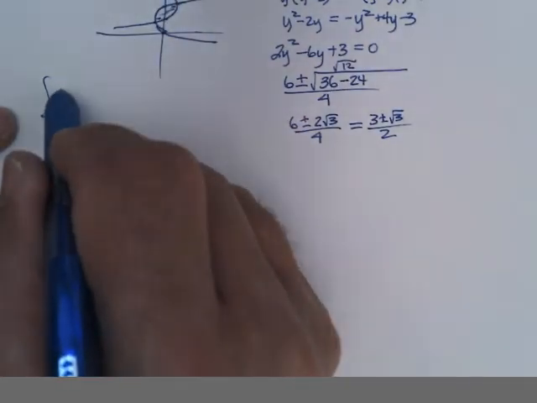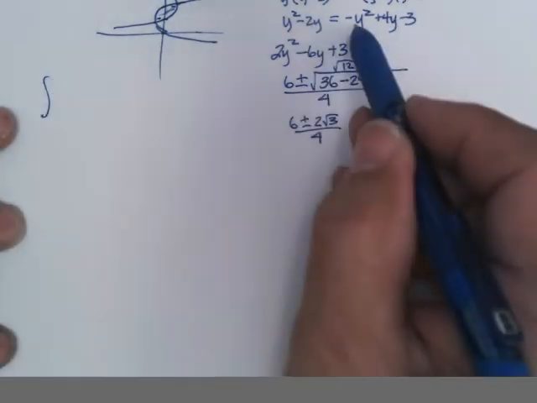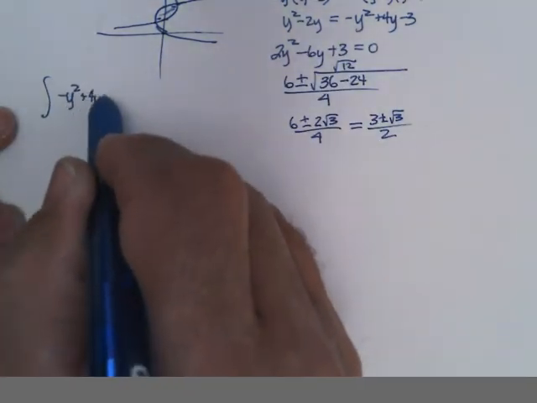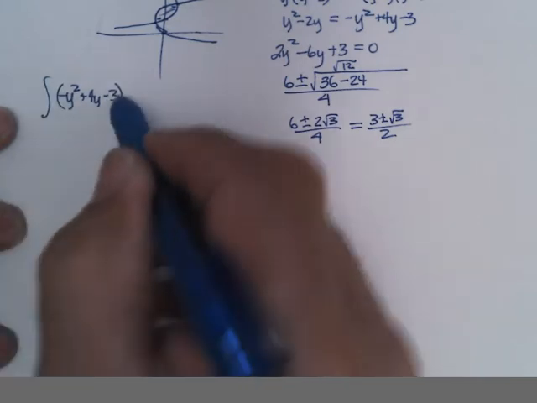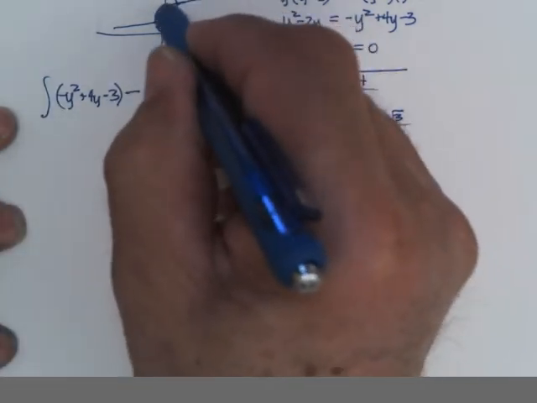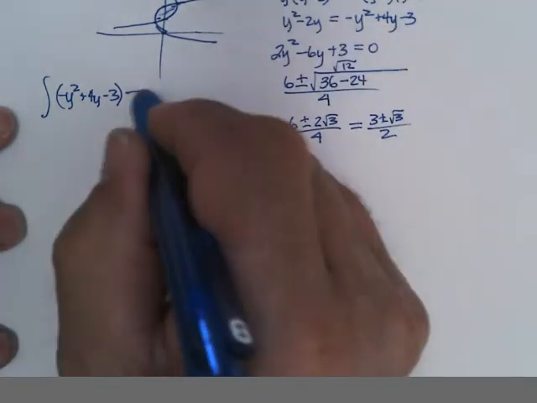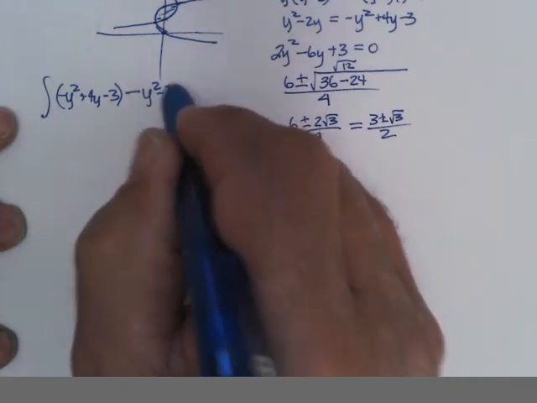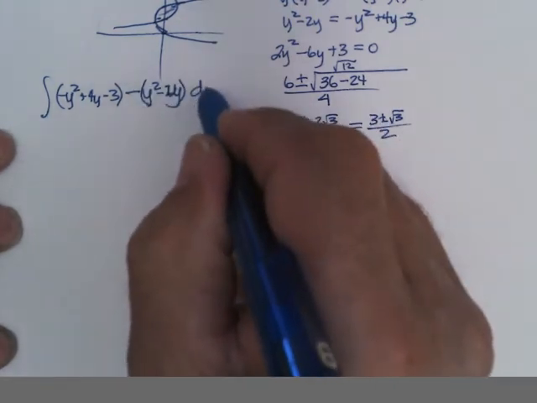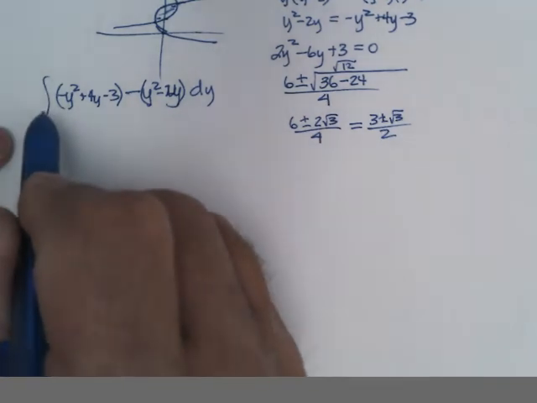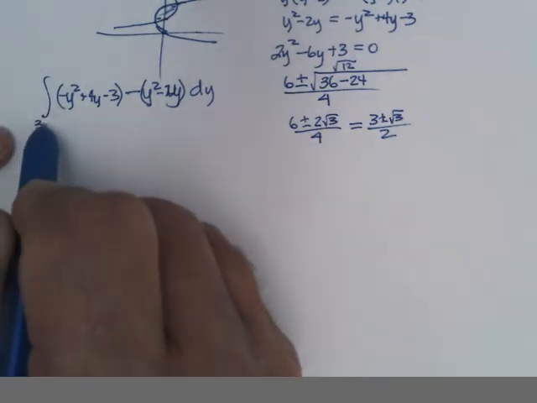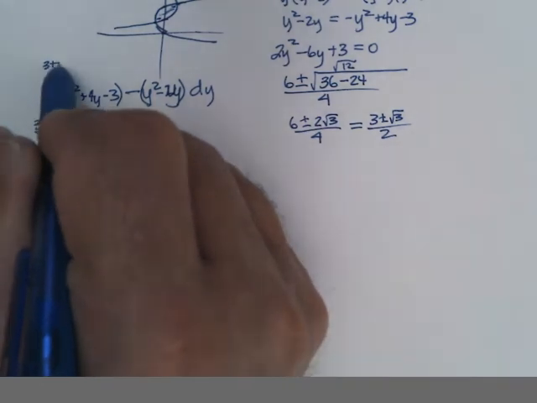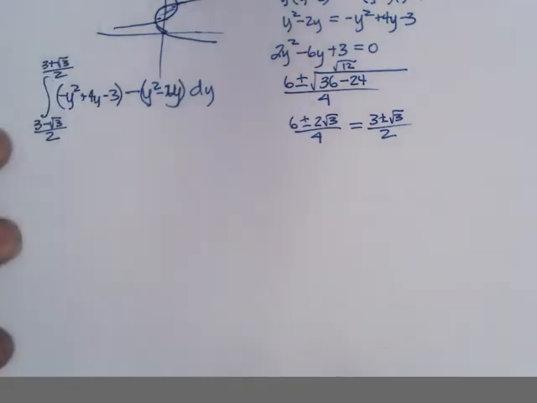So the second one was minus y squared plus 4y minus 3, minus this one, which was the y squared minus 2y dy, evaluating it from 3 minus the square root of 3 over 2 to 3 plus the square root of 3 over 2.